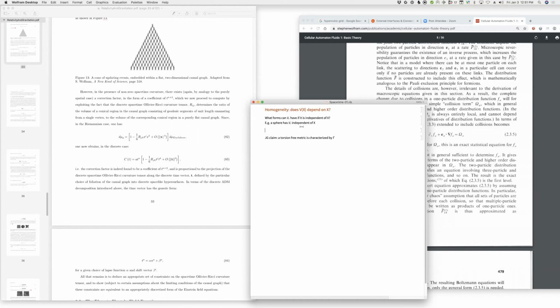So the metric is torsion free if there is symmetry in the geodesics, but I think that depends on the model.